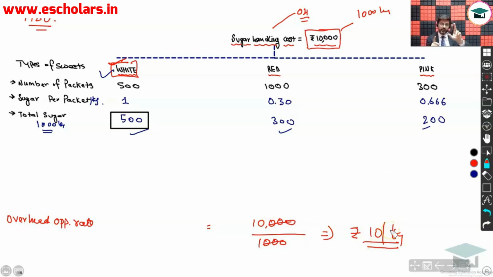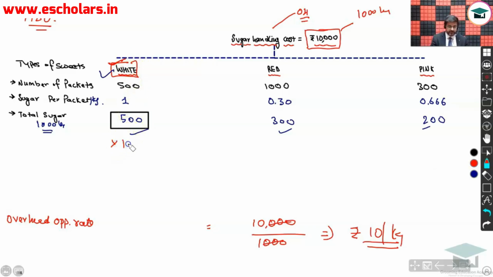That means, listen very carefully, if I am handling 1 kg of sugar, rupees 10 of handling cost is being incurred. So for sweet white, for product white, how much sugar am I consuming? 500. So how much should go over white, the overhead cost?